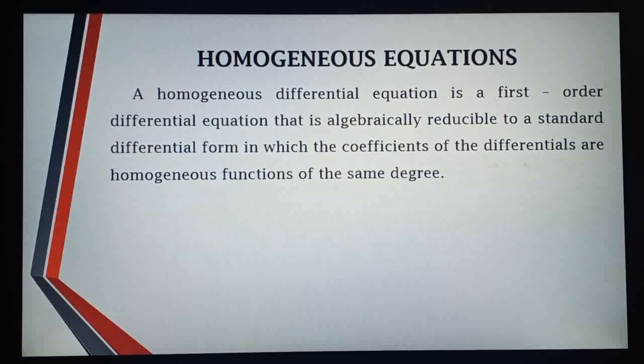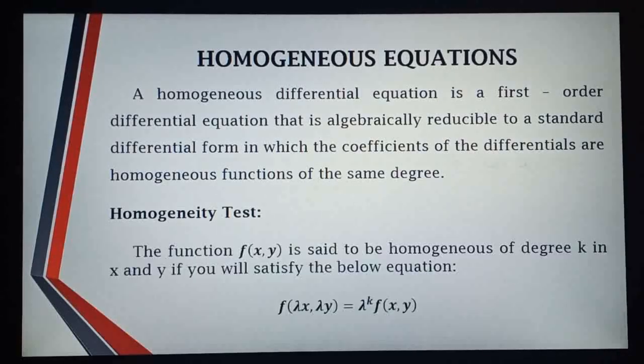Now, if you want to test if the equation is homogeneous, we have what we call the homogeneity test. A function f of x and y is said to be homogeneous of degree k if it satisfies the below equation.